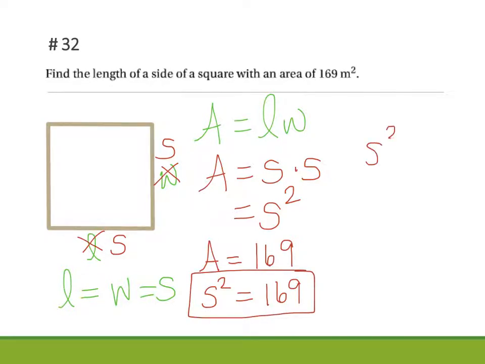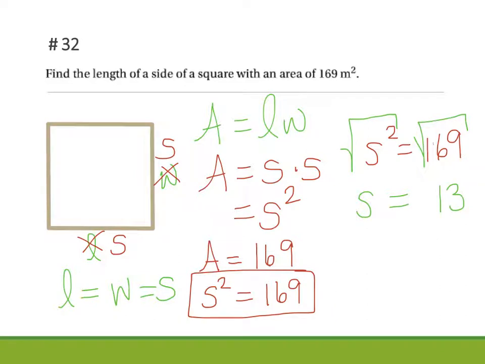If side squared equals 169, then I can solve this equation by taking the square root of both sides. The square root of s squared is s, and the square root of 169 is 13.